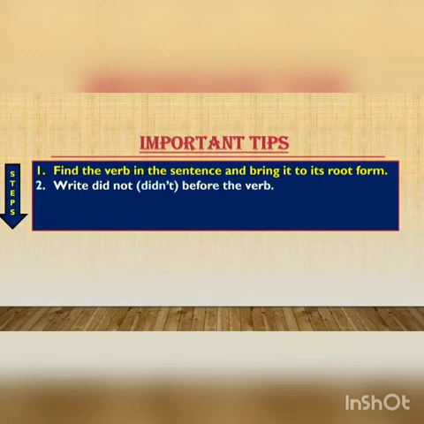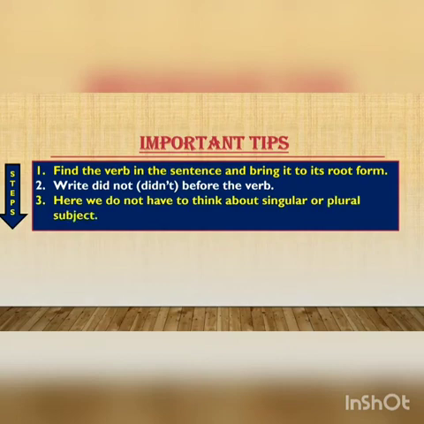Just write did not before the verb, that is the root form of the verb. Here we do not have to think about singular or plural subject. Whether your subject is singular or plural, you just have to use did not. And by doing these 3 simple steps, your sentence gets changed into negative. Let us see how.